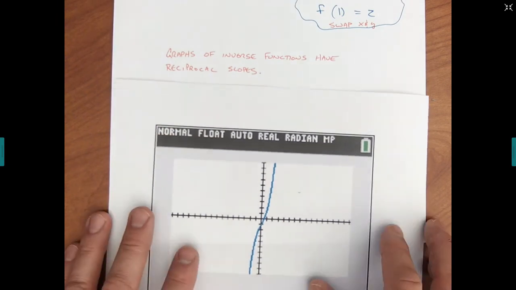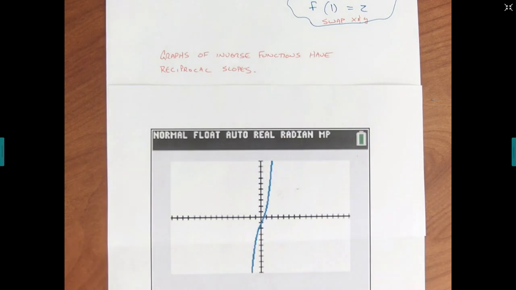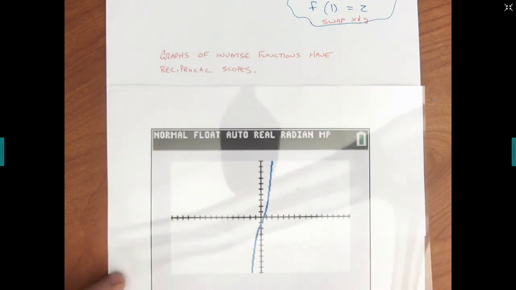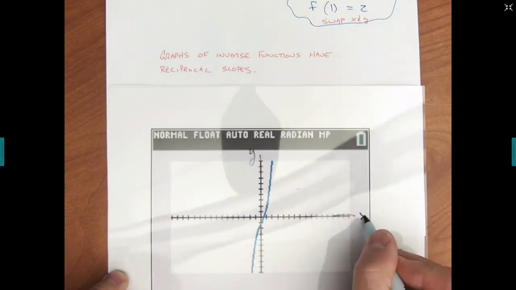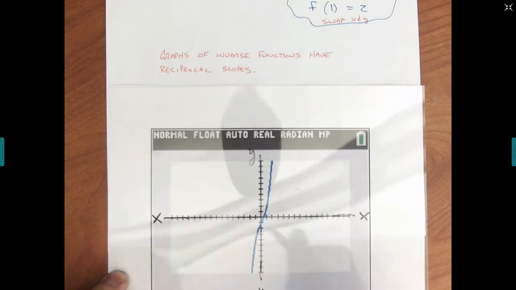I'm not going to find explicitly what the function is in terms of x's. I have my function graphed here, and I've brought some transparent paper, this is kind of fun stuff because we can find our y-axes and our x-axes, right?